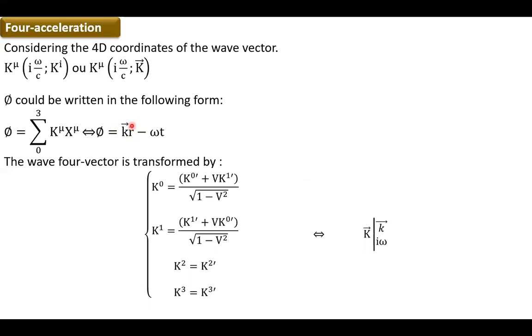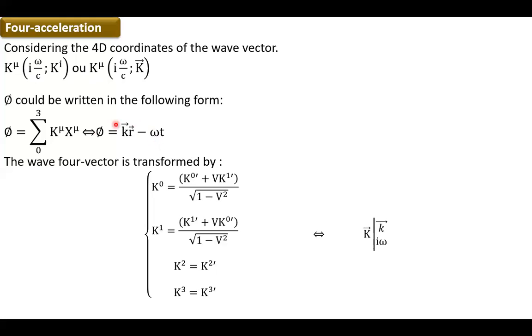So the space minus the time. In order to have a form that is like the classical form, because Maxwell equations are invariant. So we keep the same notation in relativity as in the classical notations of Maxwell laws. So we keep it as kr minus omega t.